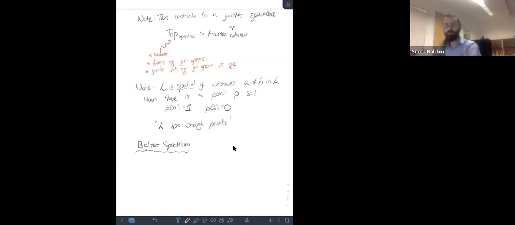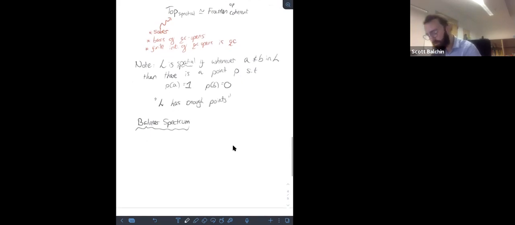So let me start by recalling Balmer's definition of the Balmer spectrum. Just recall that T again is going to be a rigidly compactly generated TT category. And for this section, this means I get to avoid ever talking about radical ideals, which is nice.